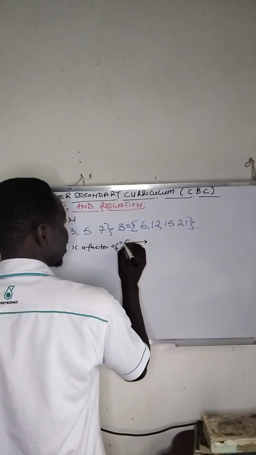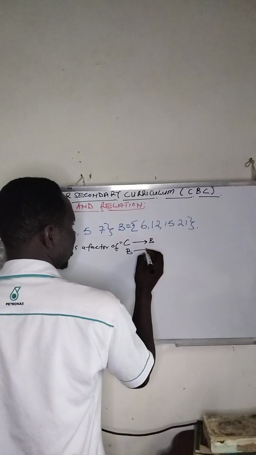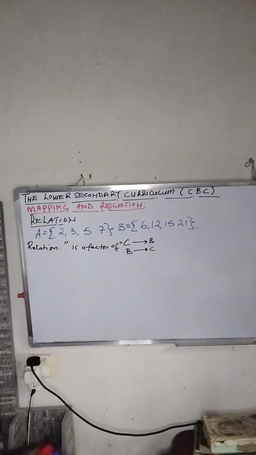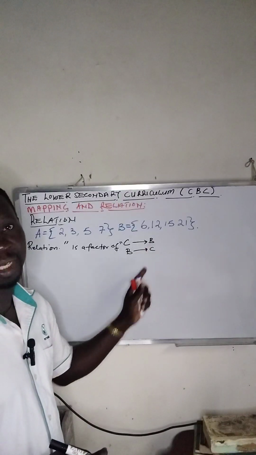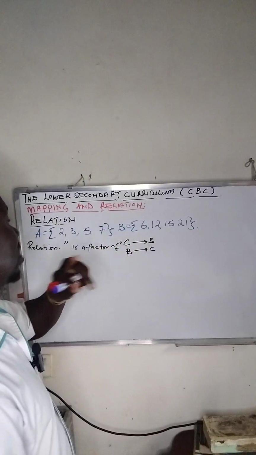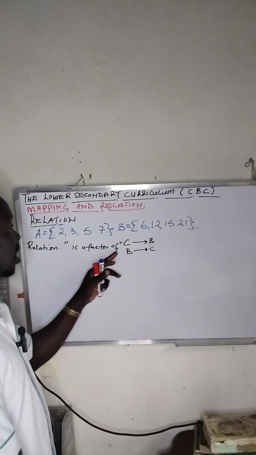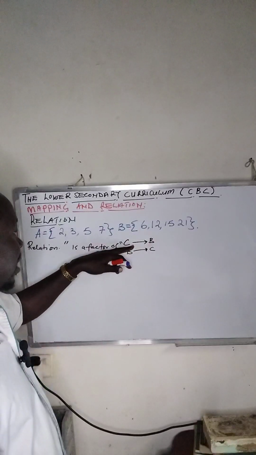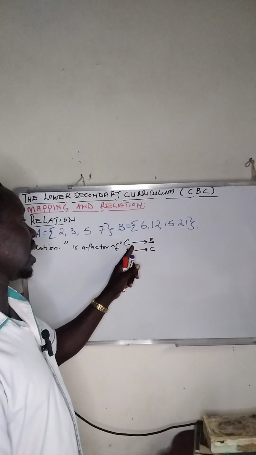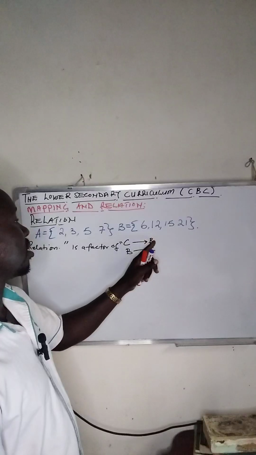If at all we are having C and B, then also we are having B and C. I need you to be very cautious at this statement here, the mathematical identity we are going to write. What is given here is is a factor of, but we are having C. If we need to read this one, we say C is a factor of B.